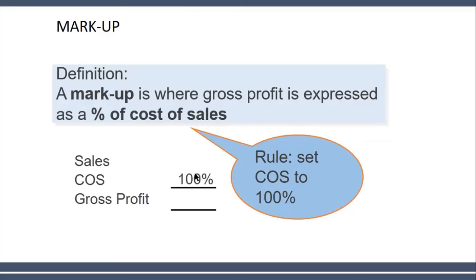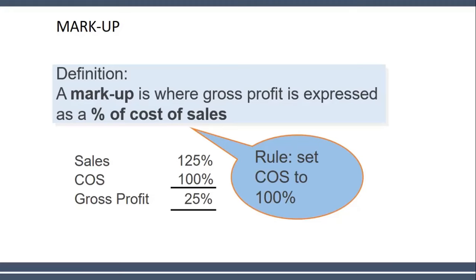So cost is now 100%, and if the profit is 25%, the sales price is 125%. So in the case of markup, it is cost plus profit. Cost is 100%, then you add profit on top, and the selling price is more: if the profit is 25%, then the selling price would be 125%.